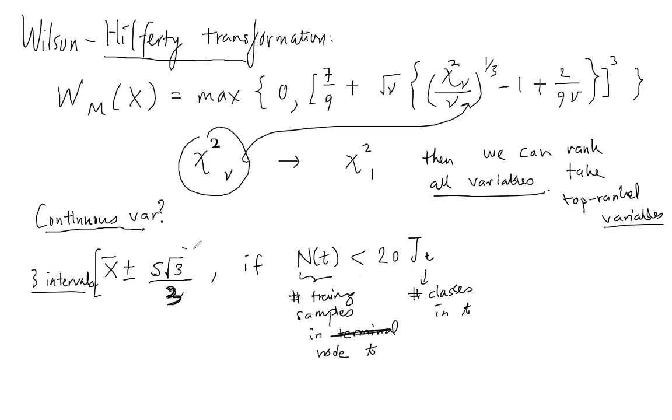The intervals will look like this. This is x bar, so you have x bar plus s square root of 3 over 3, and this is x bar minus s square root of 3 over 3.